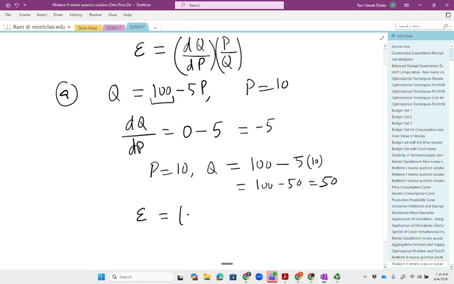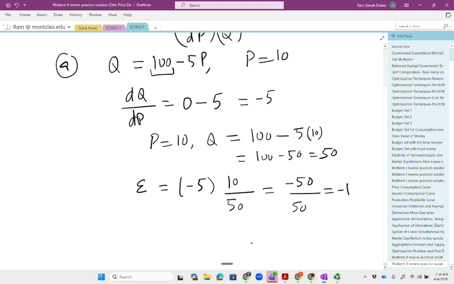The derivative is minus 5 times P, which is 10, over Q, which is 50. So I have minus 50 in the numerator, 50 in the denominator, which turns out to be negative 1. So elasticity is negative 1. We can say demand is unit elastic.